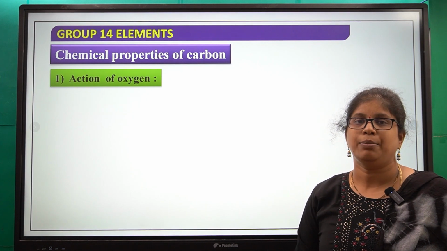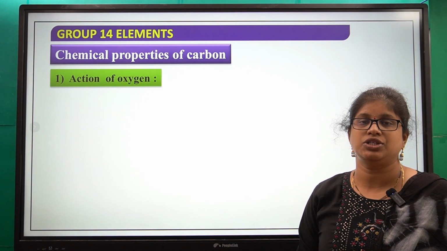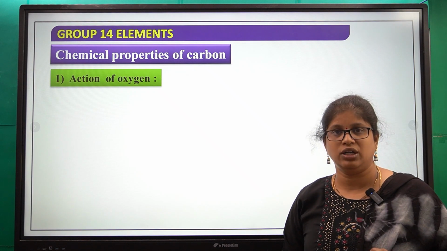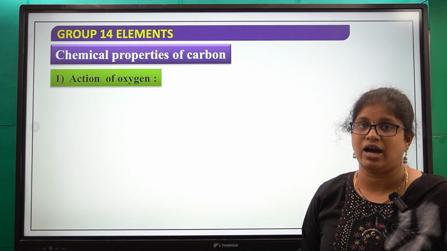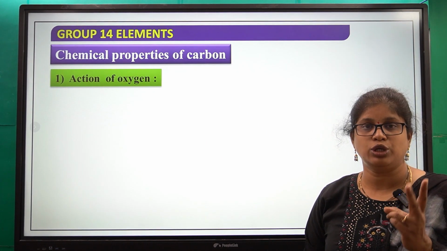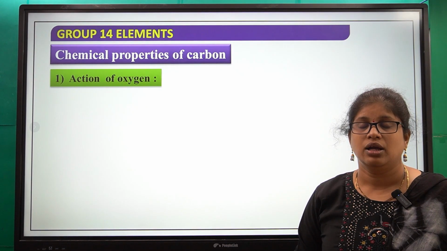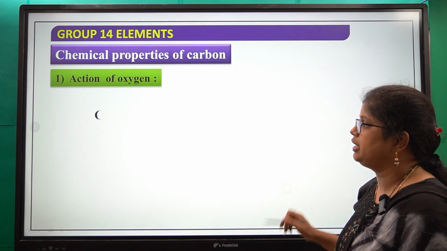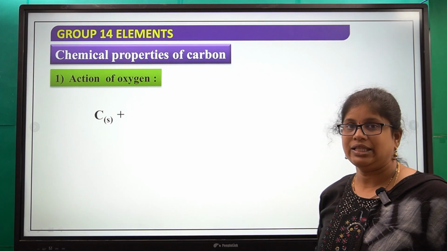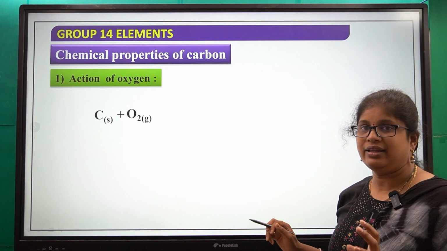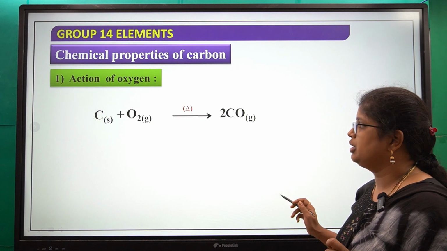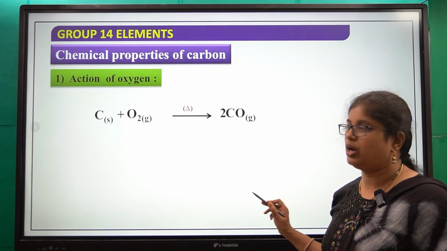Carbon reacts with oxygen and forms two types of oxides. Can you say what are those two types of oxides of carbon? Carbon forms two types of oxides. Those are carbon monoxide and carbon dioxide. If we heat carbon in a limited amount of oxygen, it gives carbon monoxide.